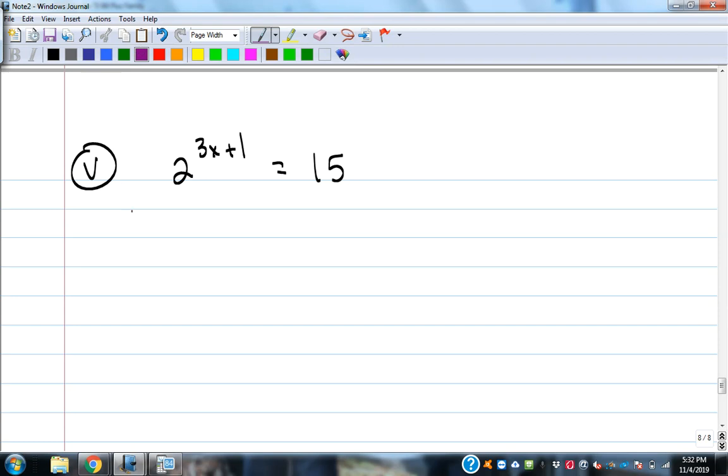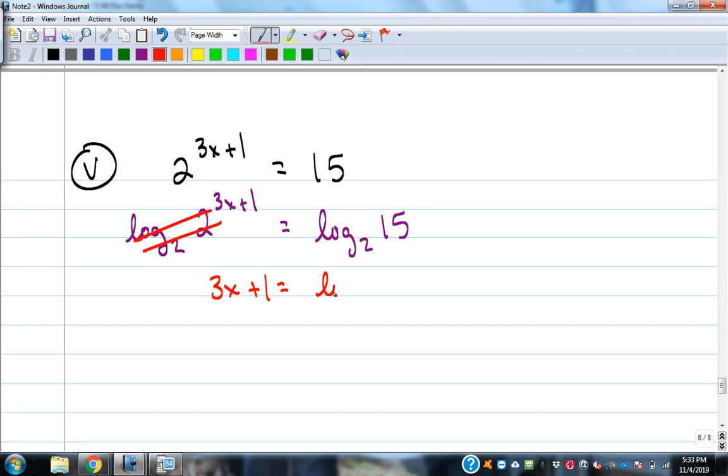And I can use the log base 2 of both sides. It's legal to do that because I'm doing it to both sides, right? And on the left side, I'm taking advantage of the fact that they're going to cancel each other out and leave me 3x plus 1 equals log base 2 of 15.